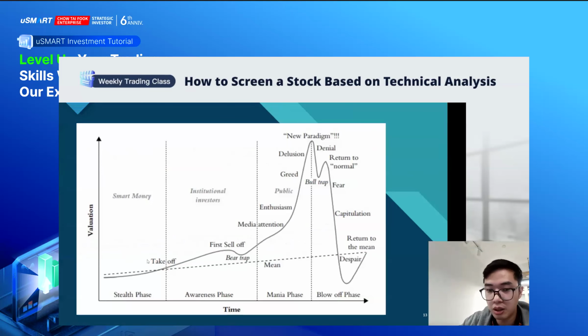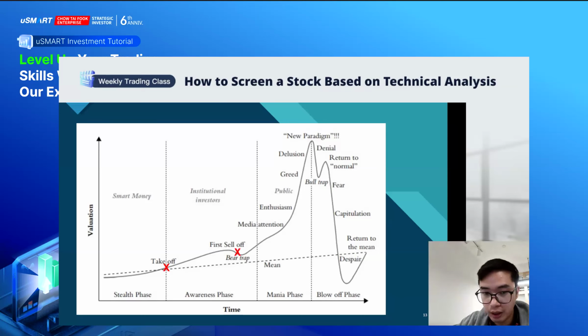This is the chart for how we determine the big trend and micro trends, and I think not many people talk about this. Usually there's a stealth phase when the smart money comes in, like when Nvidia is around $10 to $20.